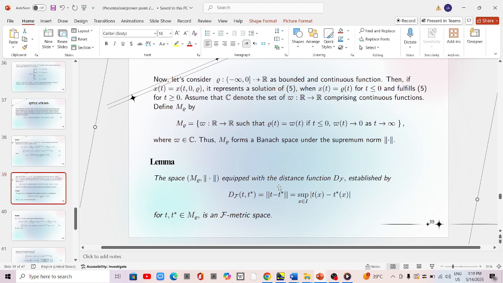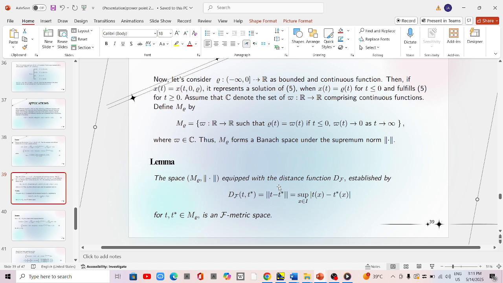So we can take here d_F of f and h, and it will become the norm of f minus h, which is equal to the supremum over x belonging to I, which in some books is given as I equal to a to b, some closed interval. So f of t minus h of t, the maximum value of their absolute difference, and its supremum.